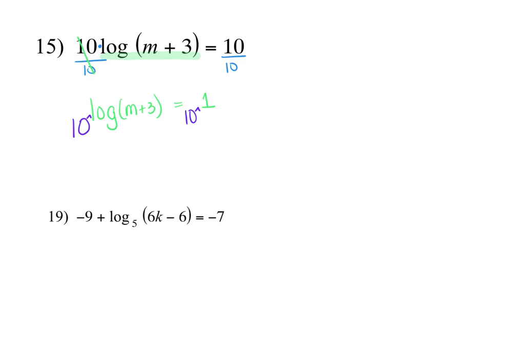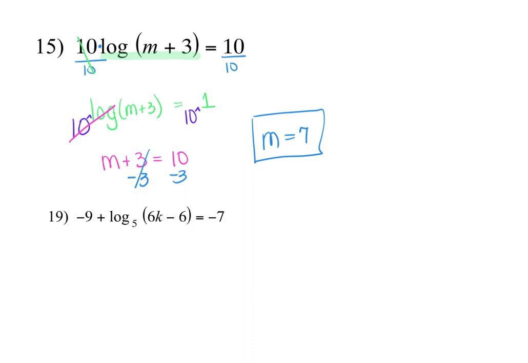On the left-hand side, my base 10 and my log base 10 cancel, and I just have an m plus 3. On the right-hand side, I need to do whatever it says. What is 10 to the first power? Just 10, right? So it's just 10 here. And now I have a fairly simple equation to solve. What's my last step? Yeah, I'm going to subtract my 3. And so m equals 7. And that is the correct answer.